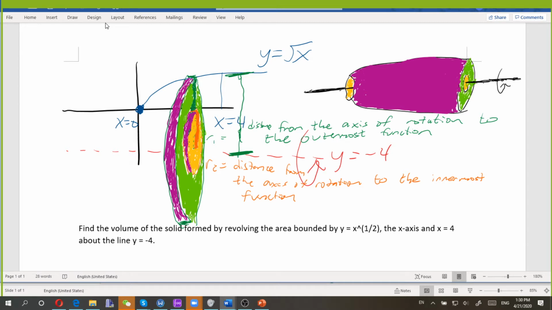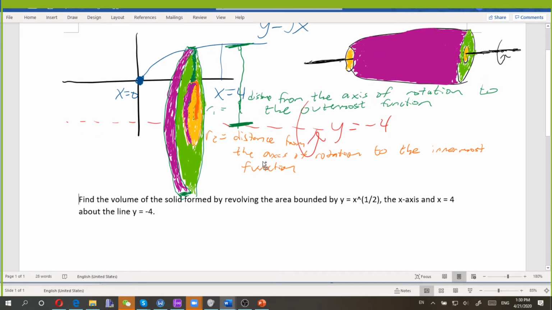The square root x gets us to 0, plus another 4 units to get us to y equals -4. So I'll end up with a hollow circle that's always the same circle in radius all the way through our acorn shape.